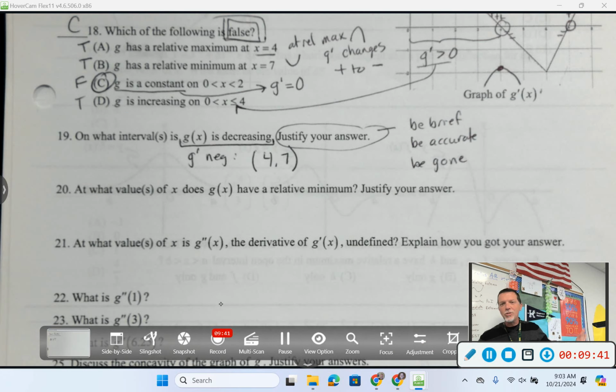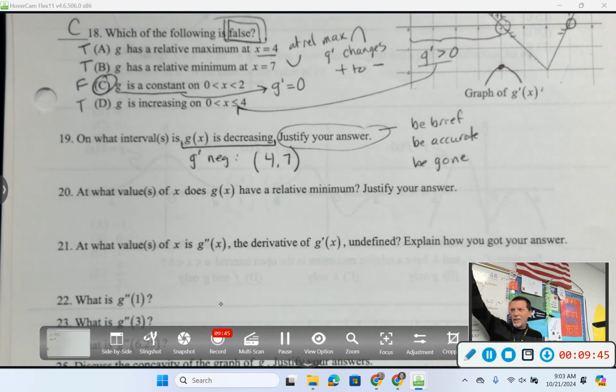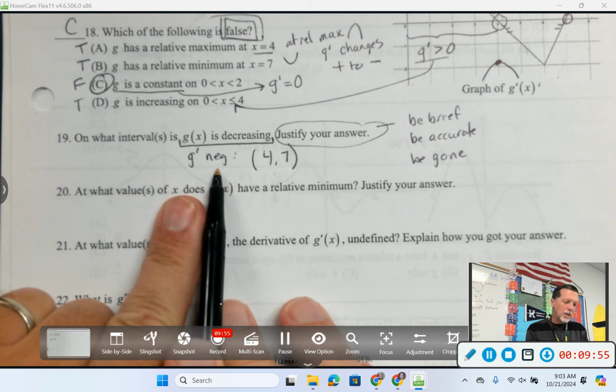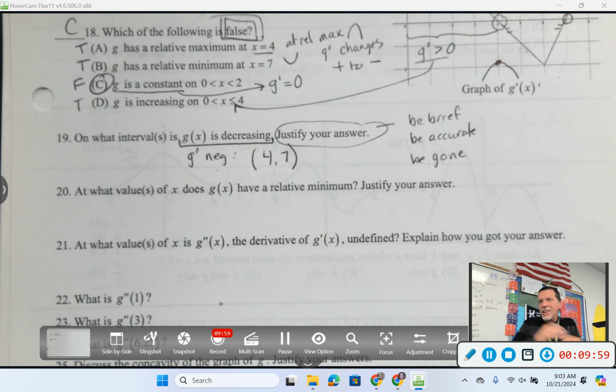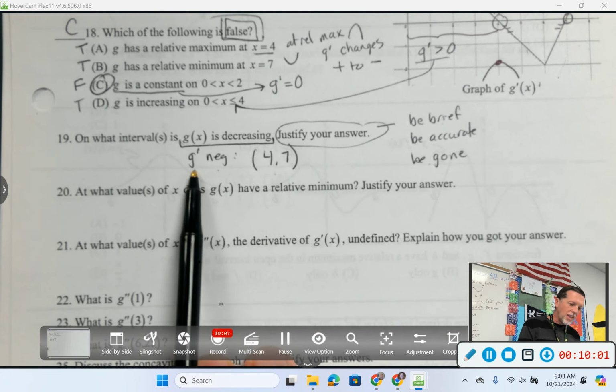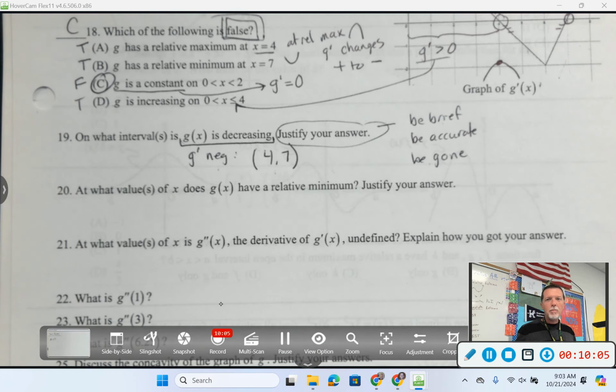Justify in calculus does not mean write a paragraph with an opening sentence and 3 supporting statements and a quote from a certain character. That's not what we mean by justify. We mean give the reason that you know that's right, briefly, and then you're done. I don't need a sentence even. G prime is negative, that means G is decreasing. There's my answer. Be brief, be accurate, be gone.